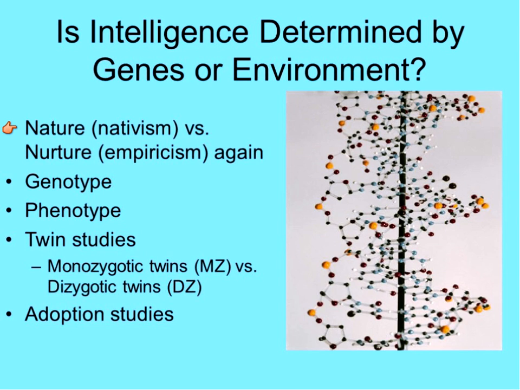To talk about this in a relatively sophisticated way, we need some terminology. So let's talk about some terminology first. We're going to talk about genotype, phenotype, twin studies, and adoption studies. Genotype, in terms of these twin and adoption studies, refers to your actual genetic makeup.